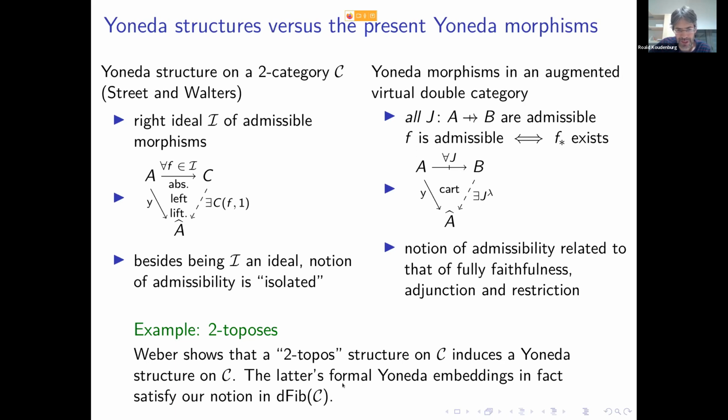And the formal Yoneda embeddings that it consists of, in fact, satisfy our notion of formal Yoneda embedding in this augmented virtual double category of two-sided discrete fibrations internal to this two-category C. So that gives us another family of examples of formal Yoneda embeddings.